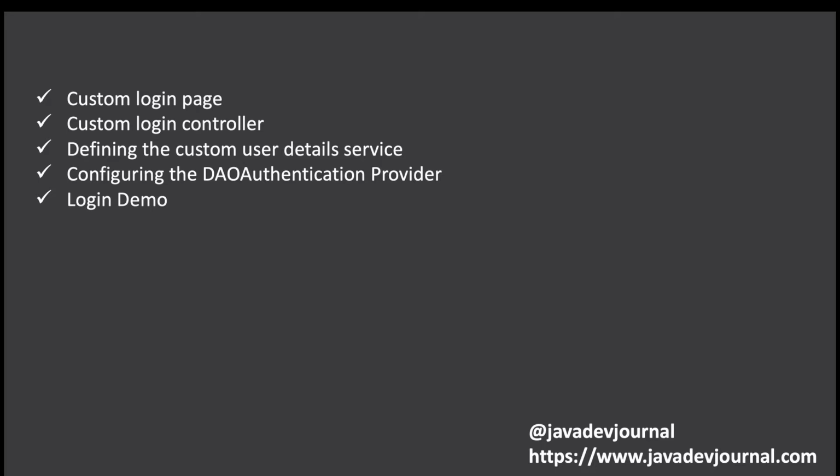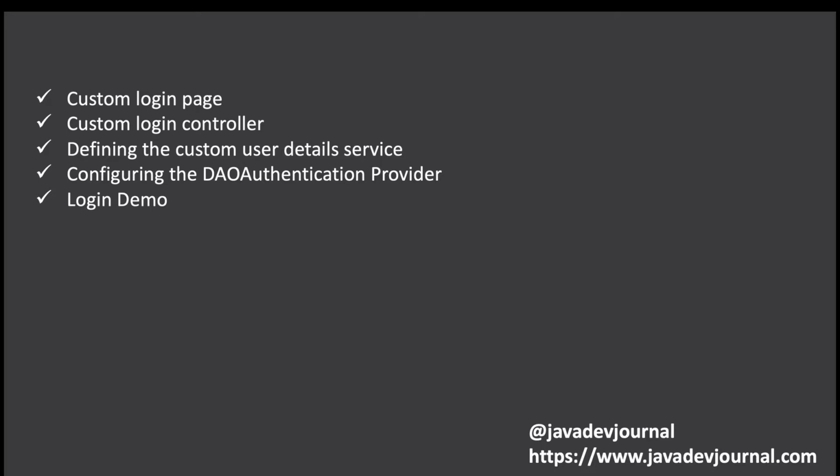If you're still not clear about the different authentication providers, I highly recommend you go back to our previous lesson, which talks about the authentication provider. One of the details about the DAO authentication provider is how we should fetch the user information and give it to Spring Security.